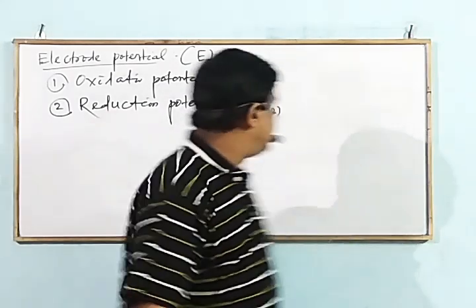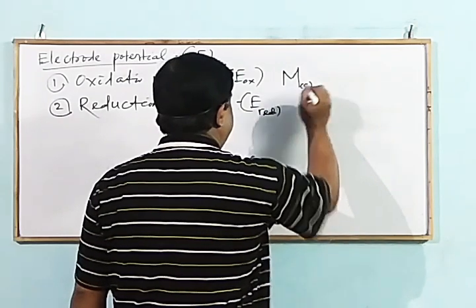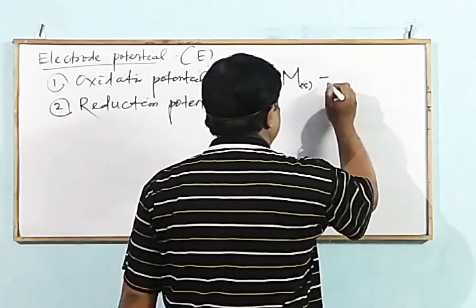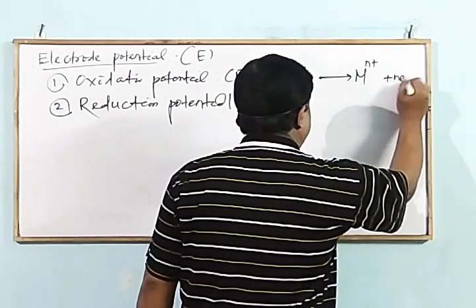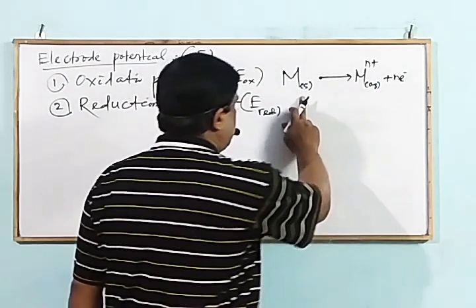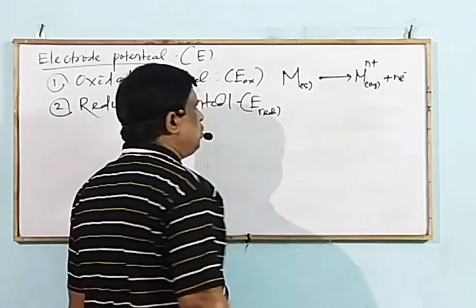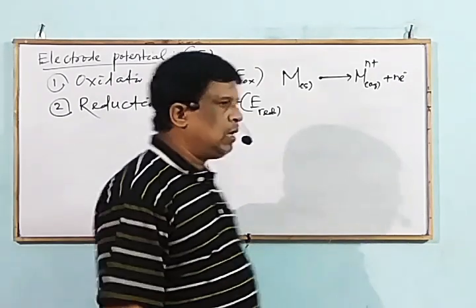Symbolically it is represented as, mark that, metal atom, solid, loses n electrons to form metal ion. Metal atom loses n electrons to form metal ion M^n+. This is known as oxidation potential.